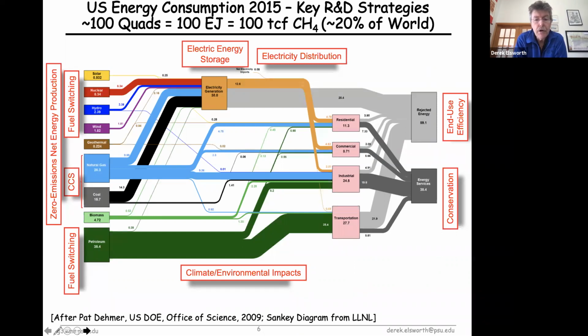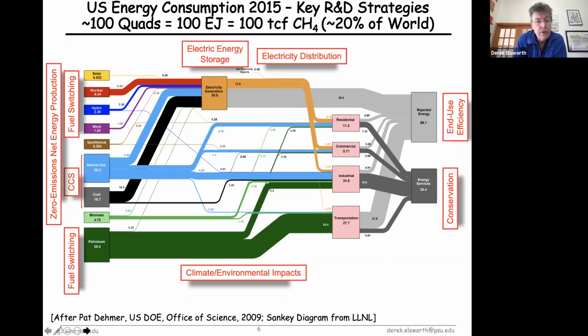It shows the flow of energy through an economy from recovery on the left-hand side through to utilization on the right-hand side. And you can see that the different sources for the US, roughly 70%, I guess, would be fossil fuels. So petroleum, biomass, coal, well, biomass isn't fossil fuel, but coal and natural gas are.